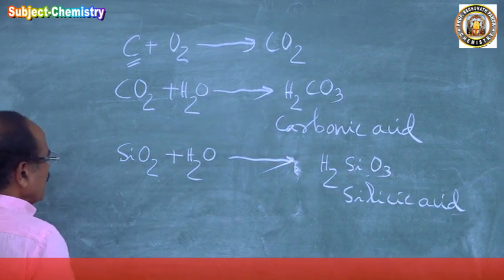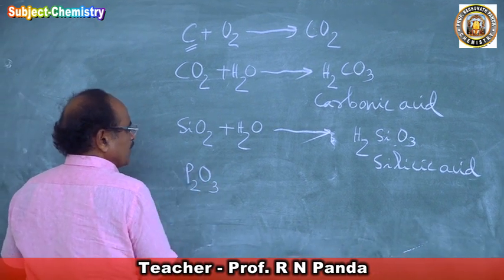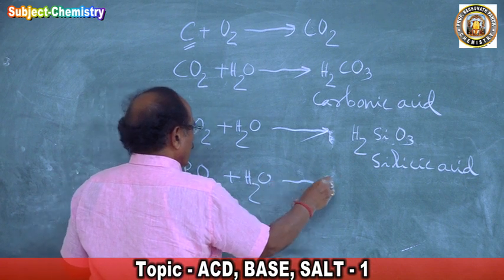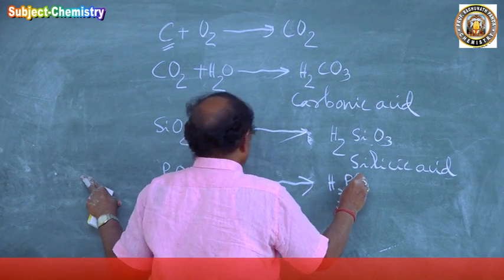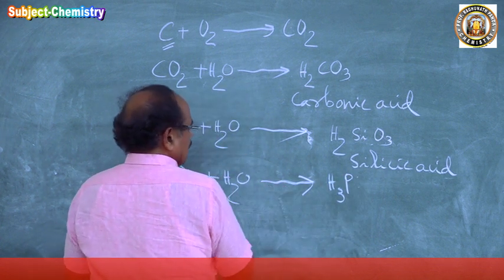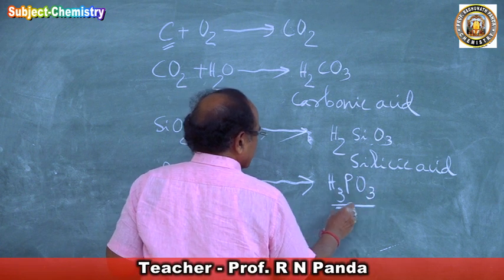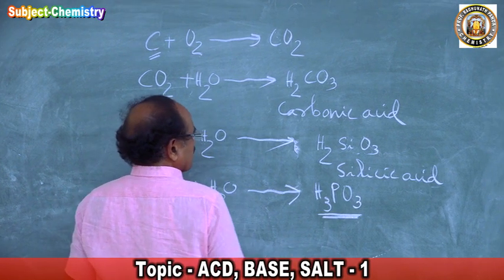Now if you come to P2O3, phosphorus combined with oxygen to form P2O3. This reacts with water to form H3PO3, phosphorus acid. This will combine with water to form phosphorus acid.